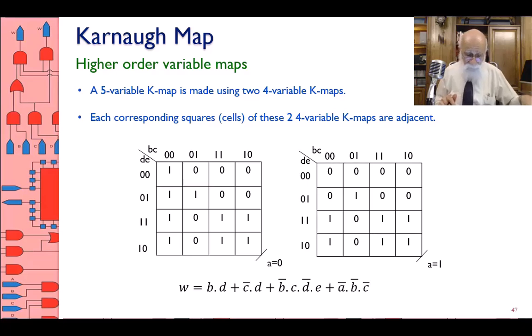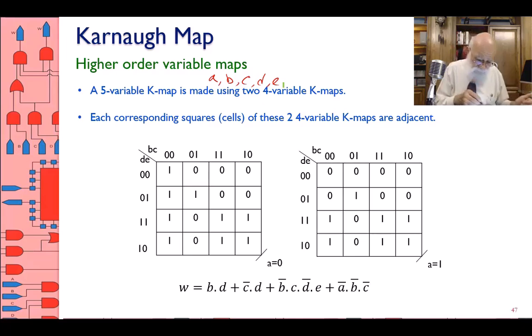A 5-variable map, meaning you have variables A, B, C, D, E, with A being considered the most significant, and then make it for 2 4-variable maps.